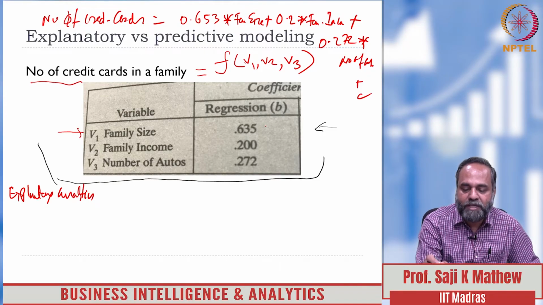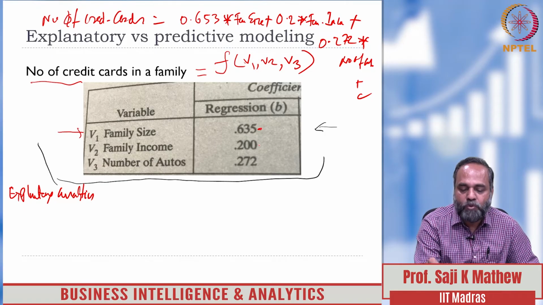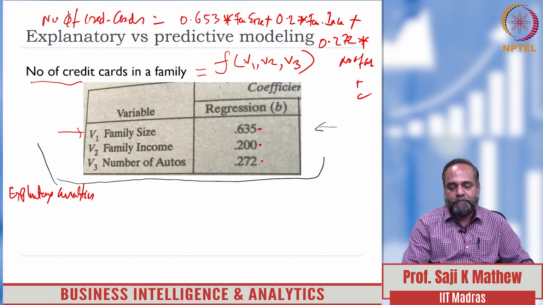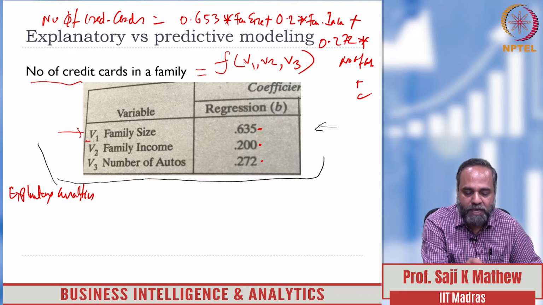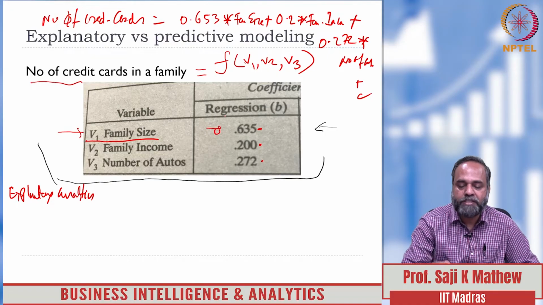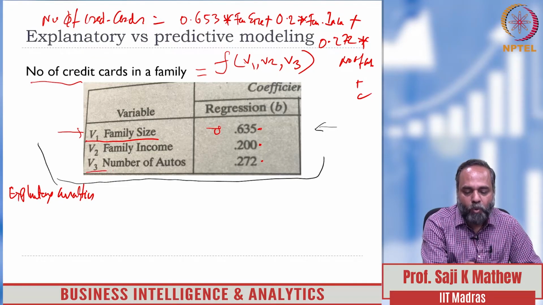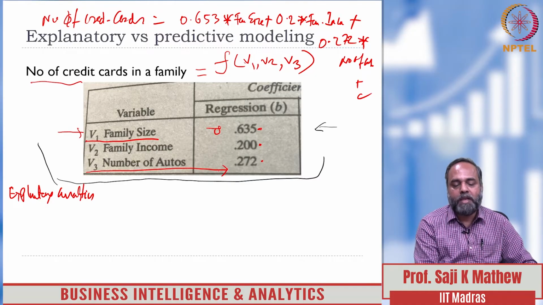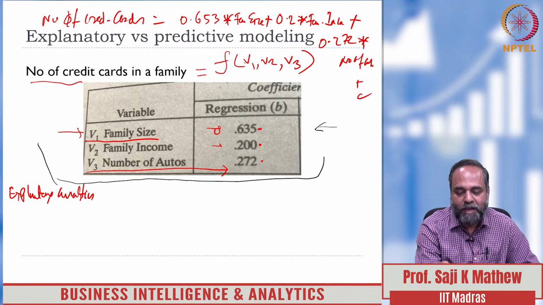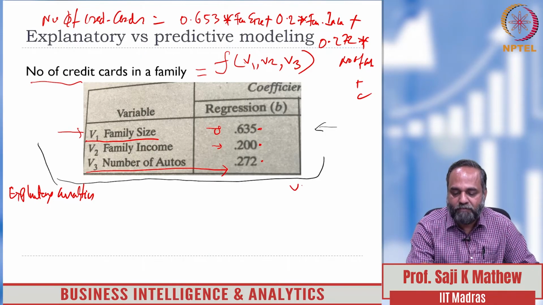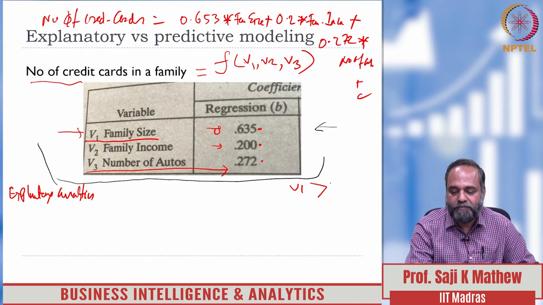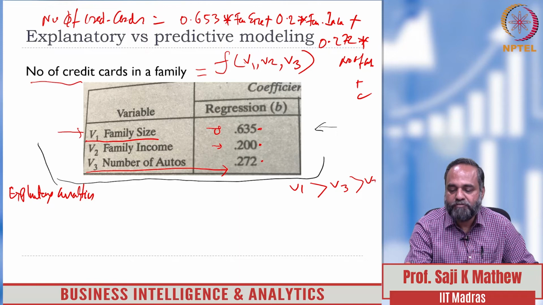V1 has a coefficient of 0.635, V2 has 0.2 and V3 has 0.272, and they claim that the most important determinant of the number of credit cards in a family is the family size, because it has the highest coefficient value. The second most important is the number of automobiles, and the least important is the family income. So they say V1 is greater than V3 is greater than V2.